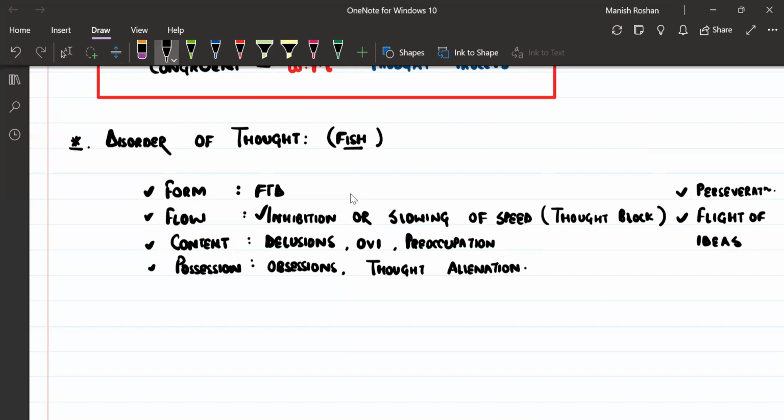The very important thing while eliciting the disorder of thought is to ask an open-ended question. For example, ask the patient how we make tea, or how we book a bus ticket. We can also ask how one celebrates Diwali, Holi, Eid, Christmas, whatever is there in the cultural background of the patient.